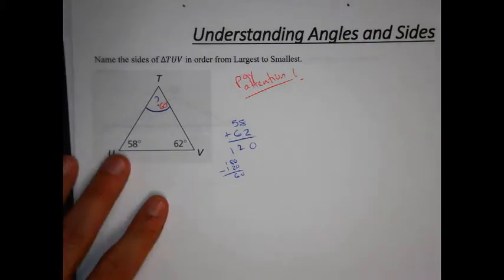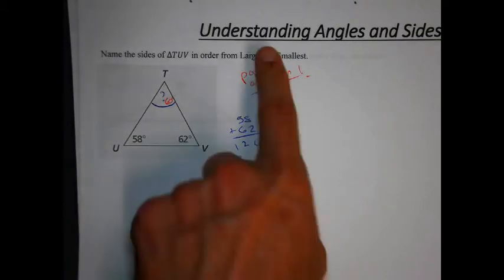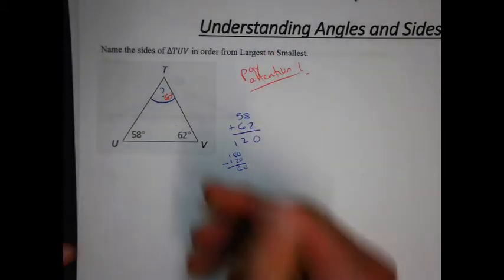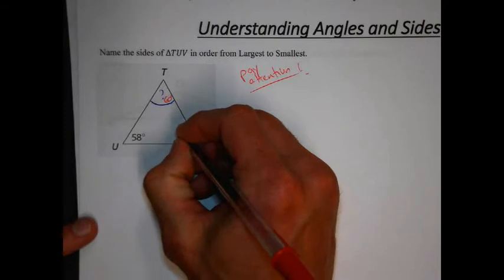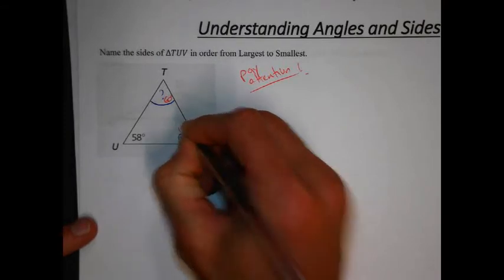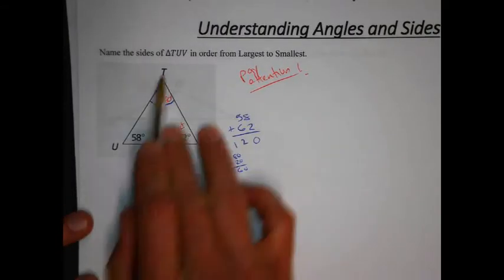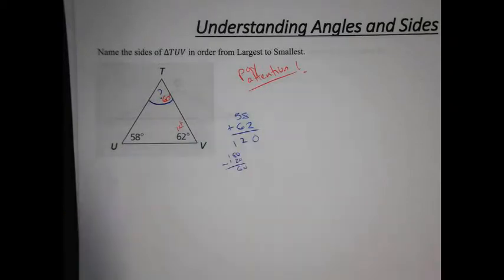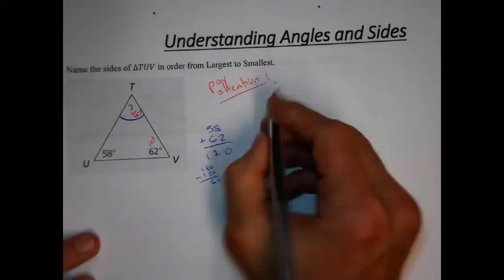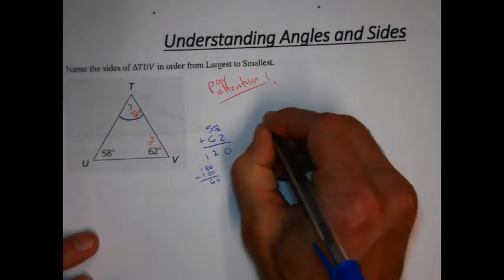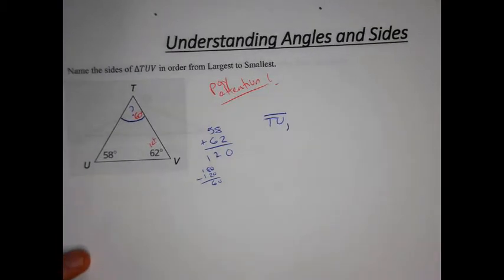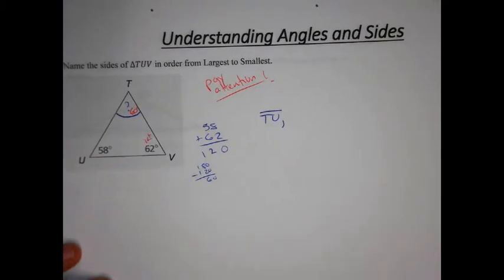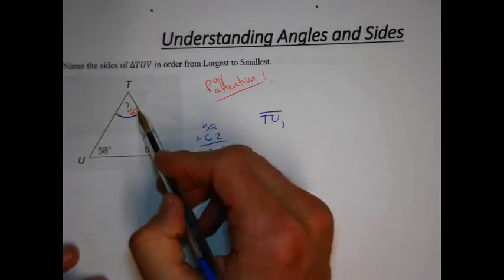So let's apply that. If we're going to talk about largest and smallest, what is the largest angle? 62. So this is our first biggest angle. What's the side opposite? Side TU. So our first part of the answer is going to be segment TU. The second largest angle is 60, so the side opposite it is UV.